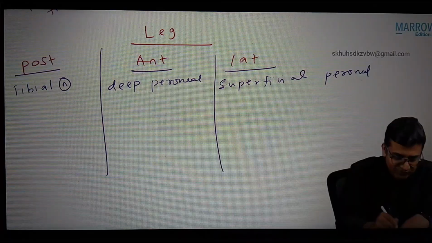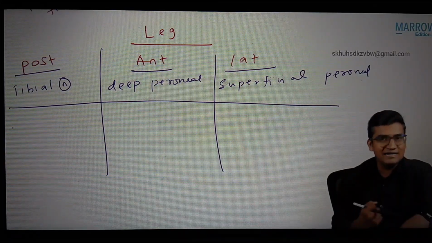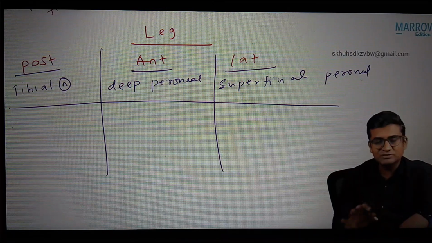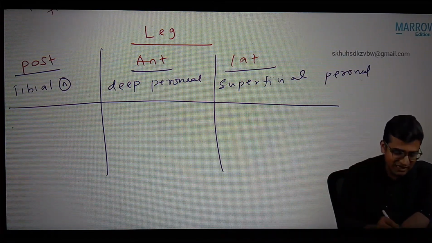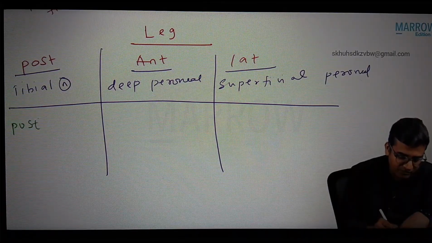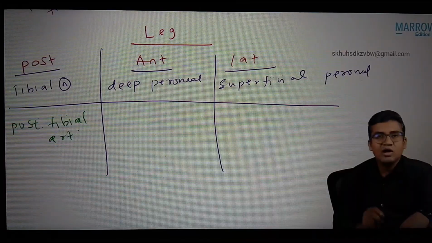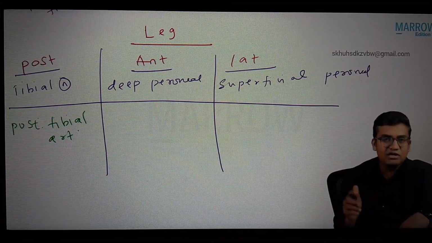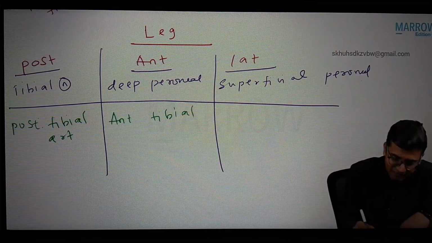Okay? Right. Next, arteries. Again, each compartment has its own artery supply. Again, there is no exception, there is no overlapping. All the muscles in the posterior compartment of the leg are supplied only by the posterior tibial artery. All the muscles in the anterior compartment of the leg are supplied only by the anterior tibial artery.